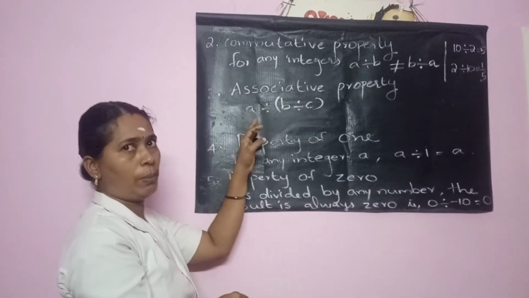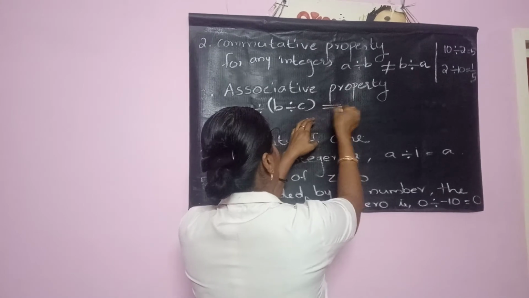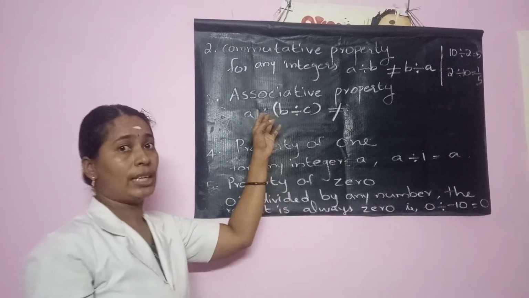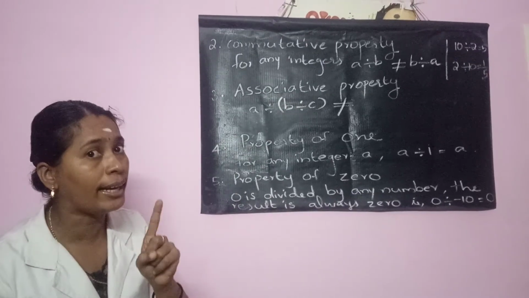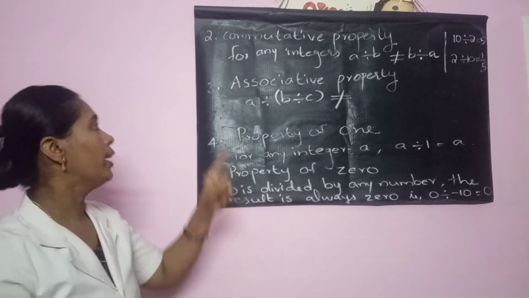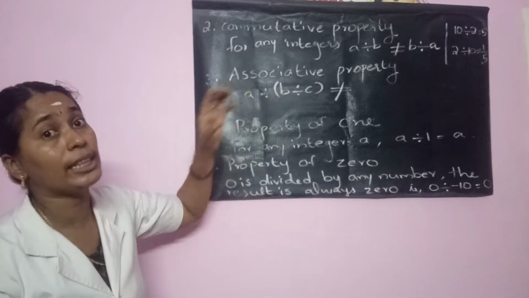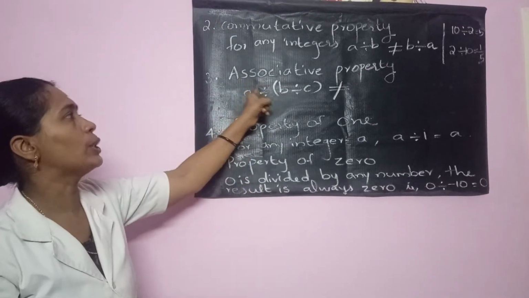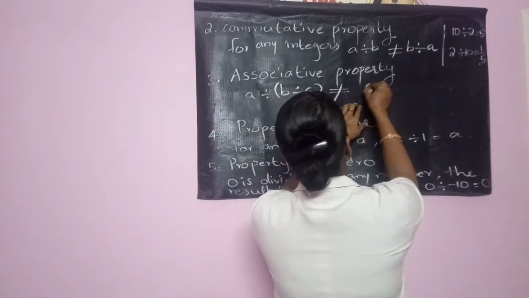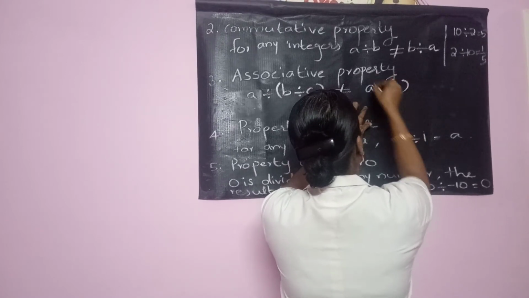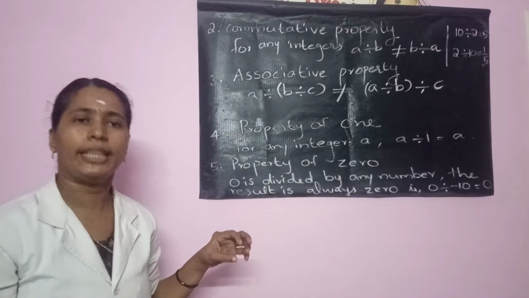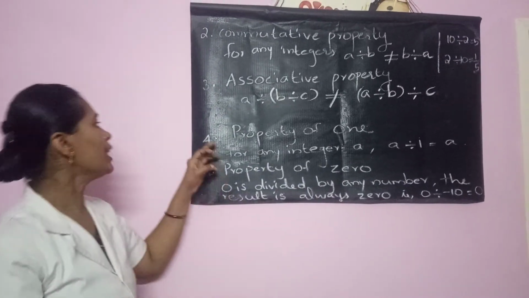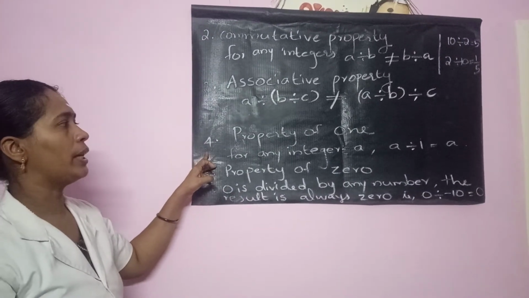But is it possible? No. Integers do not follow the associative property under division. So what can we say? Division of integers is not associative. Okay, let us move to the next property.